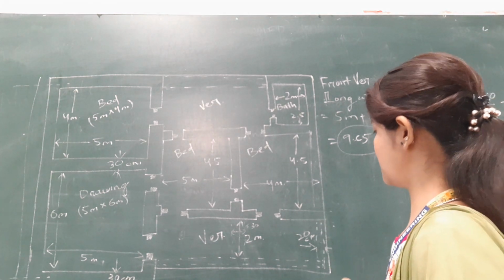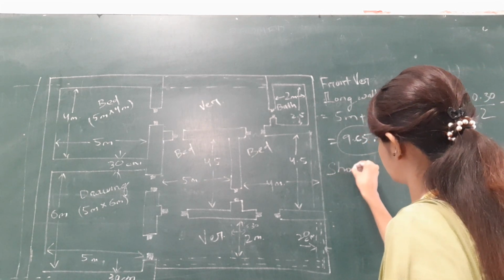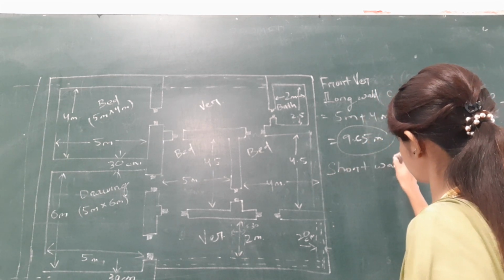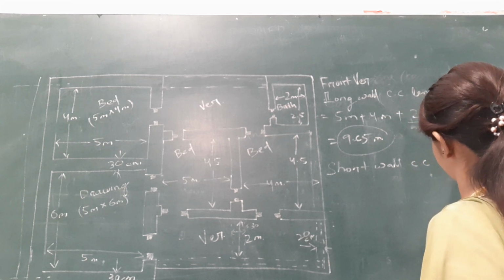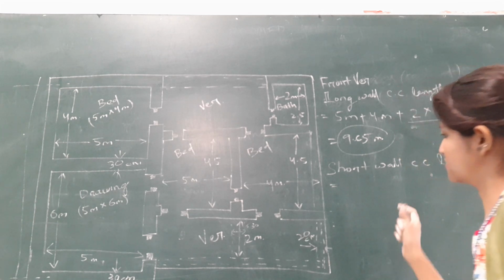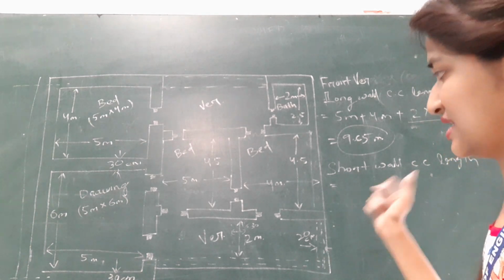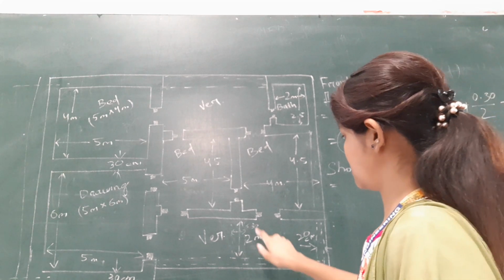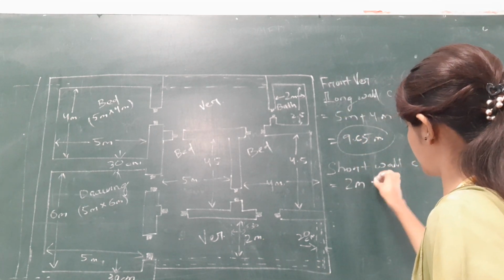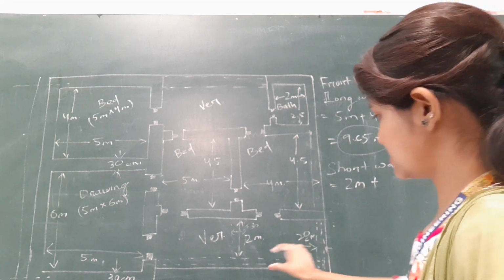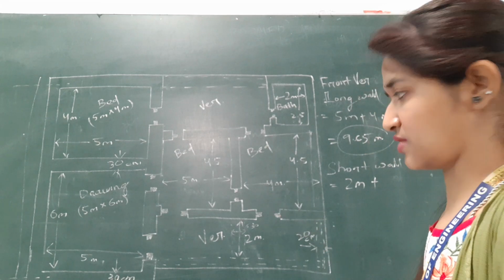For the side wall or short wall, see what we can do. Short wall center to center length equals to, okay, see, first we can put the dimension of 2 meter, it's shown in the figure. 2 meter plus, this is a 20 cm thick wall and this is a 30 cm thick wall.